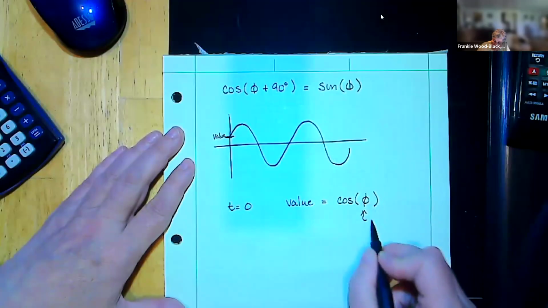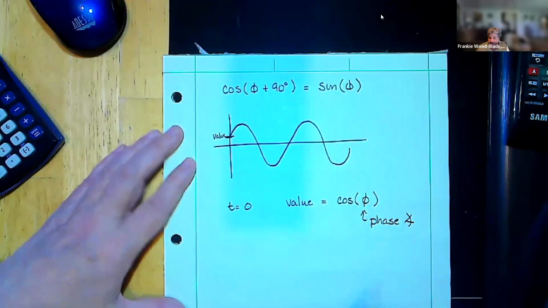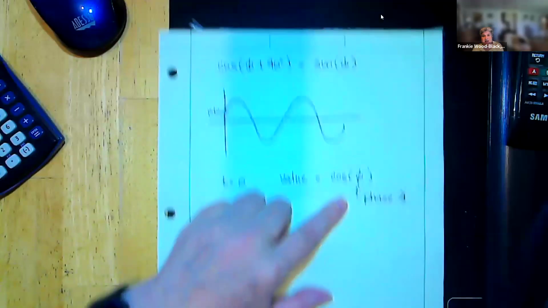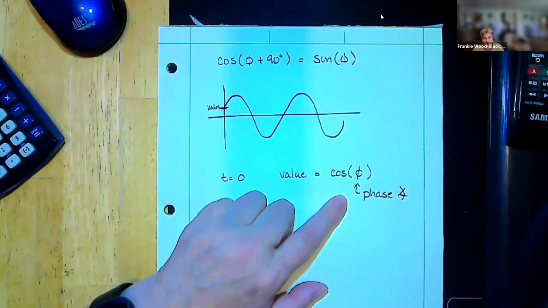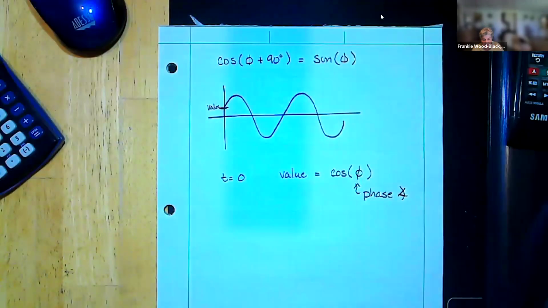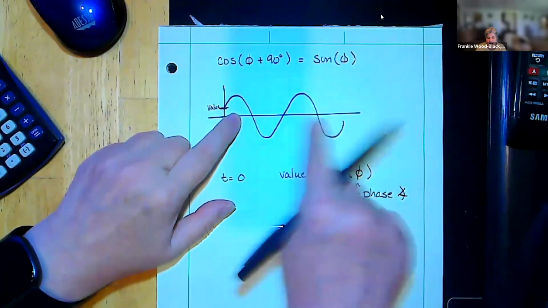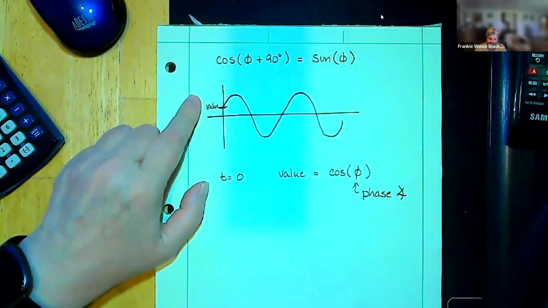And this is going to be a phase angle. And that's just giving you your starting point. It's like where y sub 0 is, or where my bead starts on my circle, or where things are. Because I can move this reference point anywhere along the way.